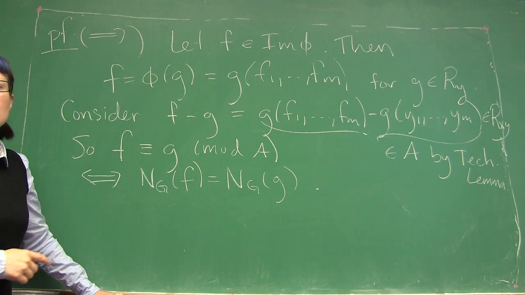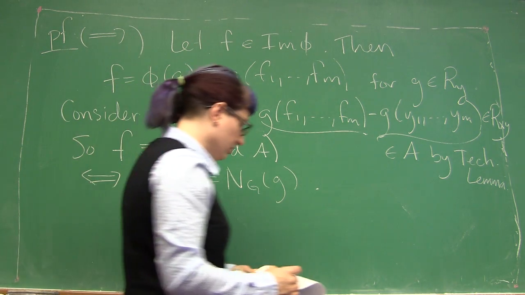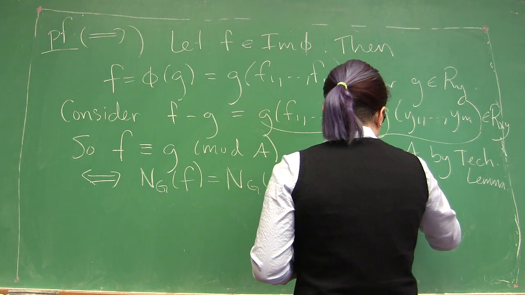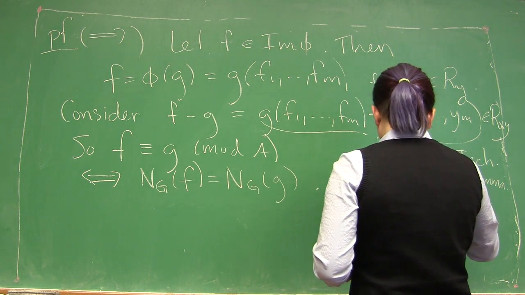So that means that f and g reduce to the same polynomial, say h, when reducing via the Gröbner basis G.